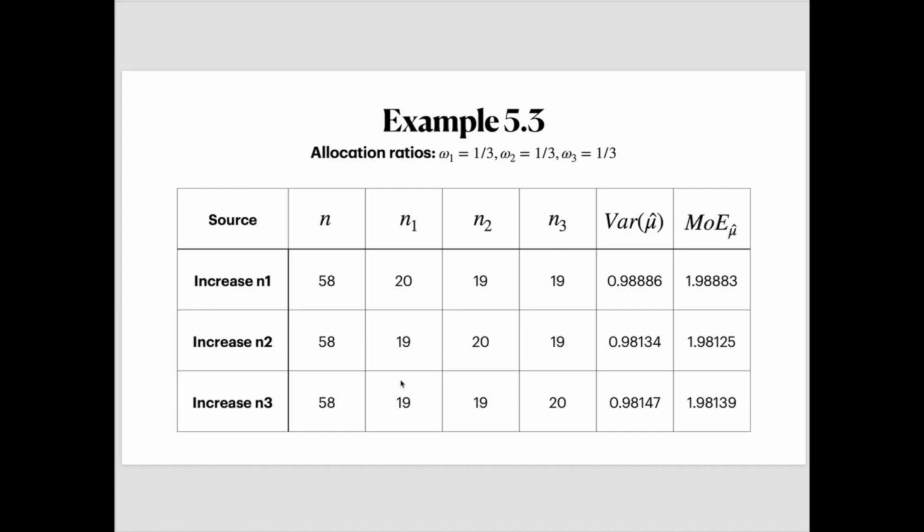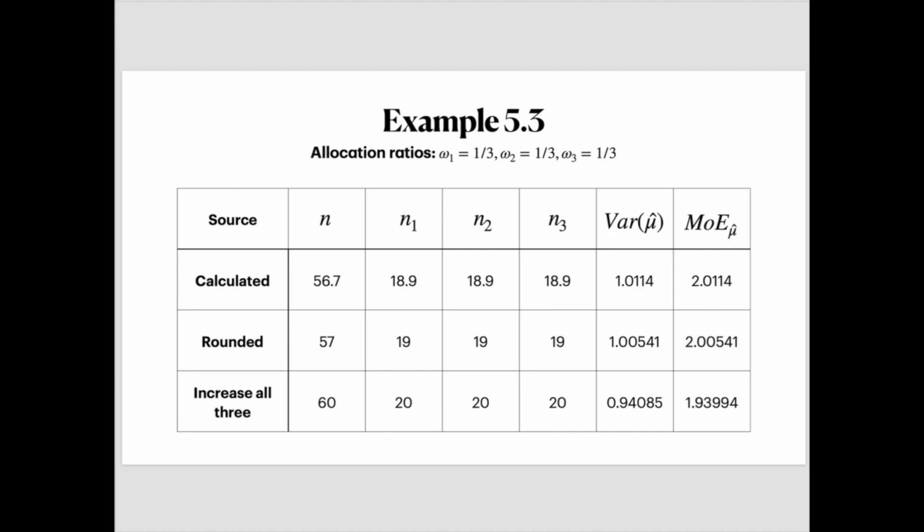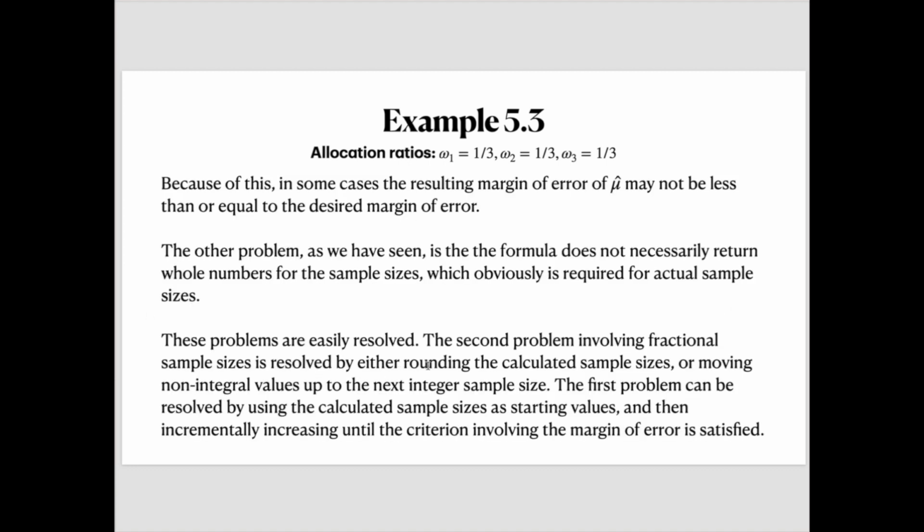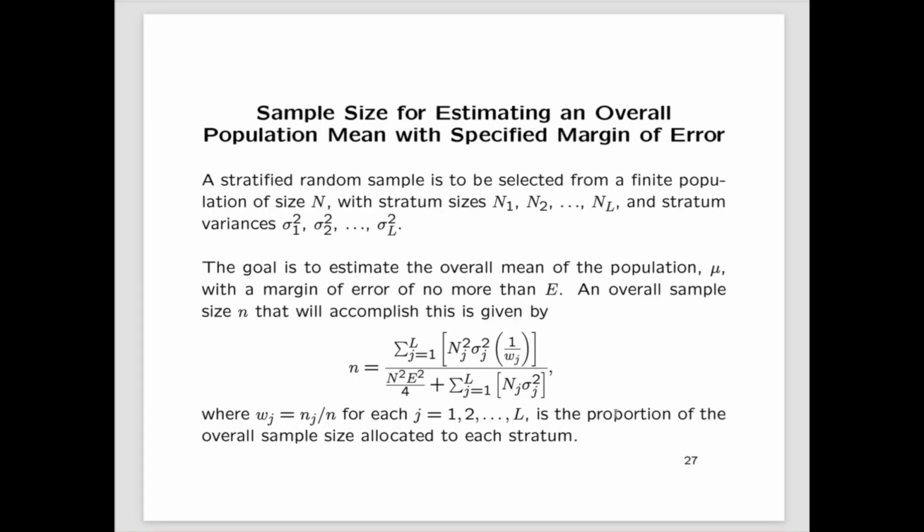So that is one way that we can deal with this issue that results from the fact that the sample size formula is derived based on a simplified version of an approximation to the actual formula for the variance of mu hat. And so this formula, if we go back up here, gets us in the ballpark, and it will tend to get us very close.